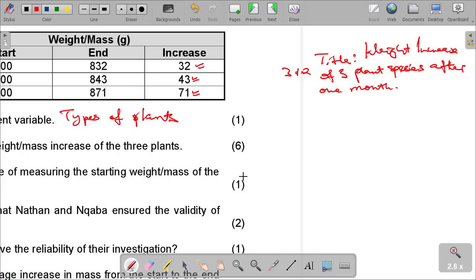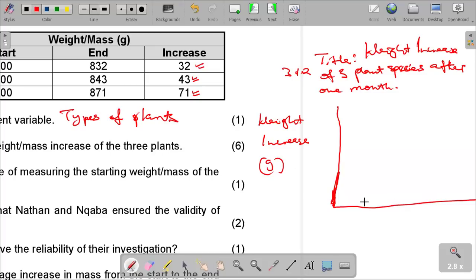On our vertical axis, we should have weight increase in grams. Draw the vertical line with a ruler so it is very straight, and then choose a proper scale.